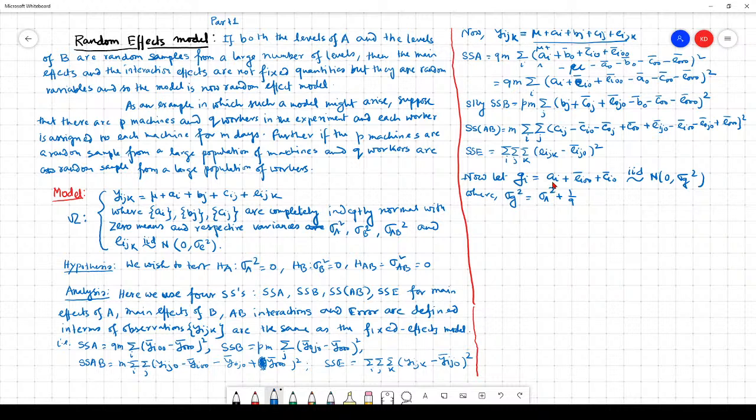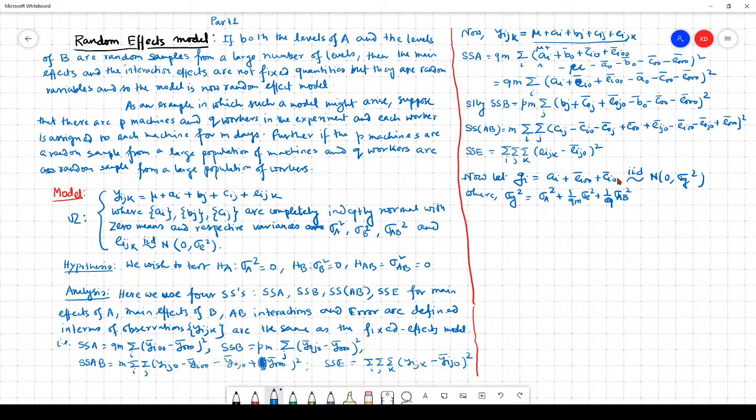So the variance of Gi is the variance of Ai, which is sigma A square, plus the variance of Ei naught naught bar, which is equal to 1 by Qm sigma E square, plus the variance of Ci naught bar. Not 1 by M, 1 by Q, sorry, 1 by Q sigma AB square, because it is on j.